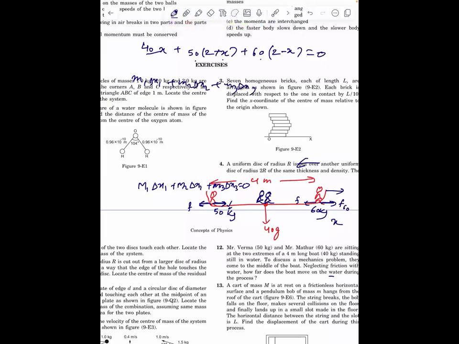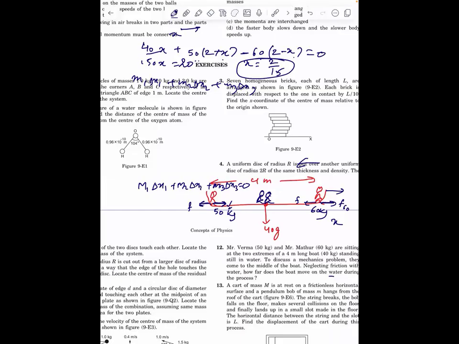So I have to take the sign also, with minus 1. Because I'm taking right to be positive. This is position coordinate. x positive, 2 plus x positive, but 2 minus x I should take negative. So this will be 40 plus 50, 90, plus 60, 150x is equal to 100 minus 120. 100 minus 120 goes to the right side. This x is equal to 2 by 15. If you just solve 2 by 15, the value will come 0.13.